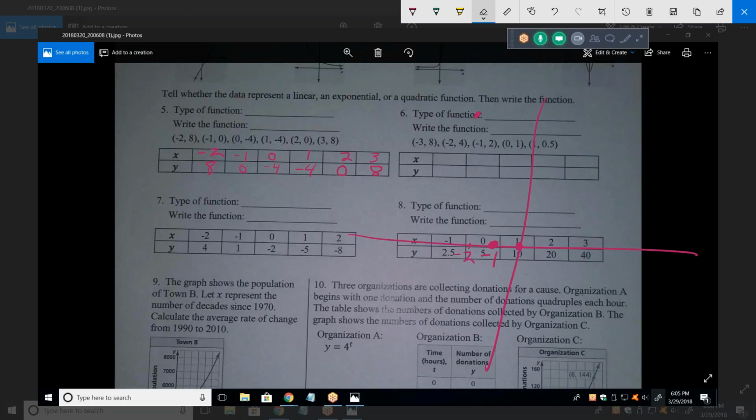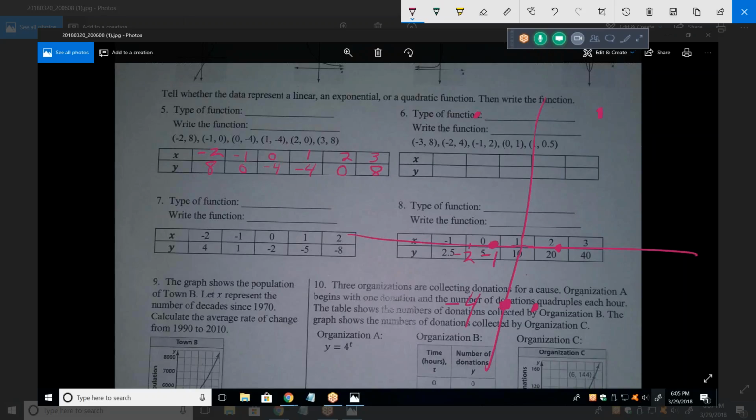Here, let me erase this one because that's going to confuse us. When x is 0, y is -4. And when x is 1, y is -4. And when x is 2, y is 0. And when x is 3, y is 8.